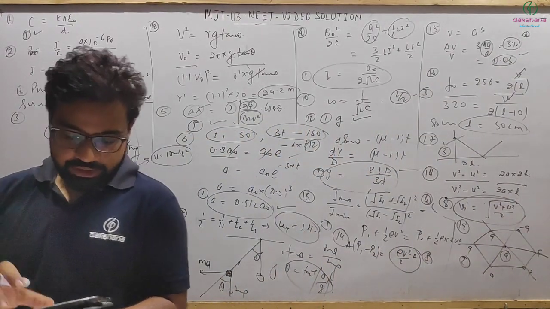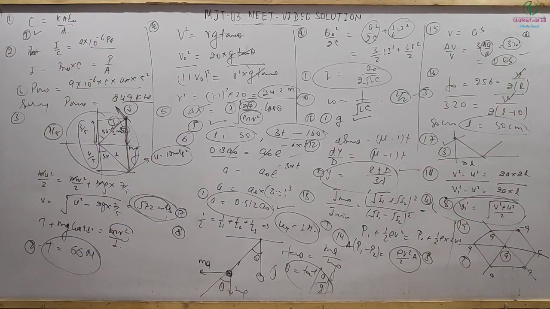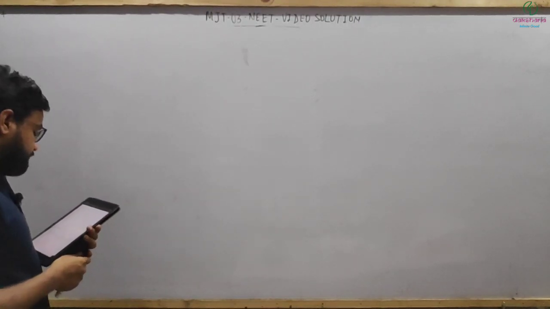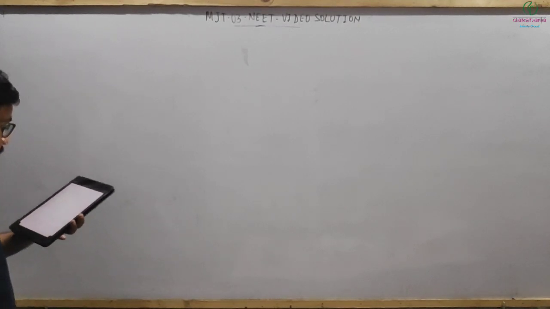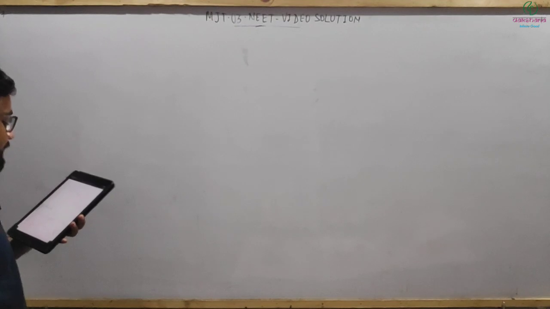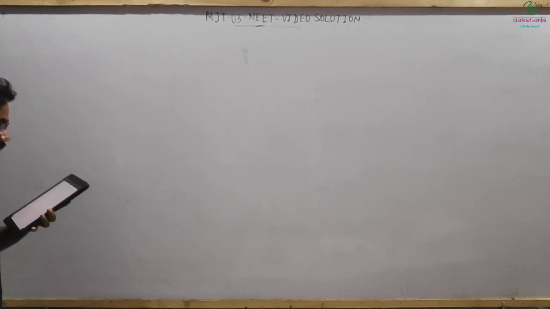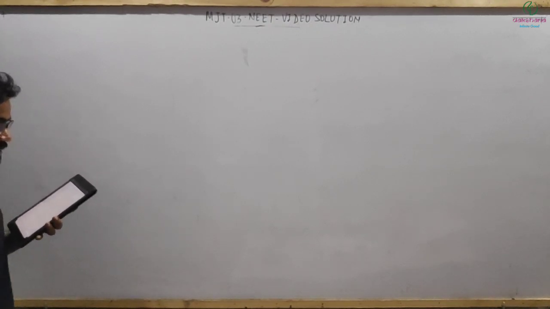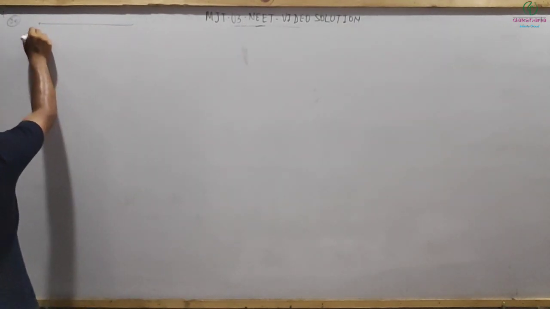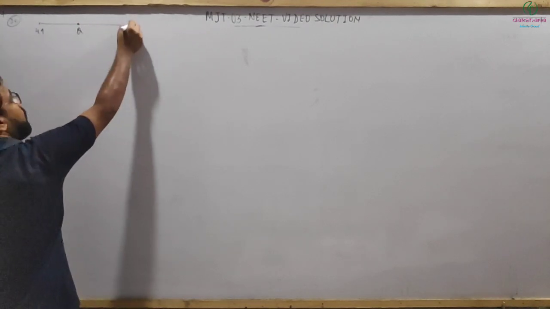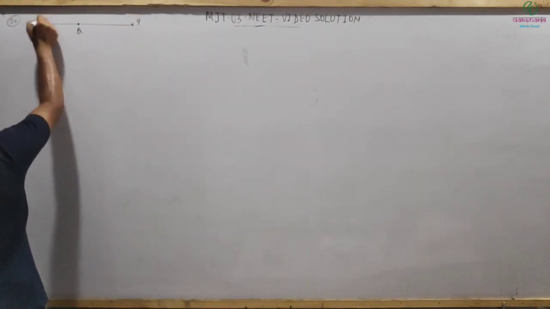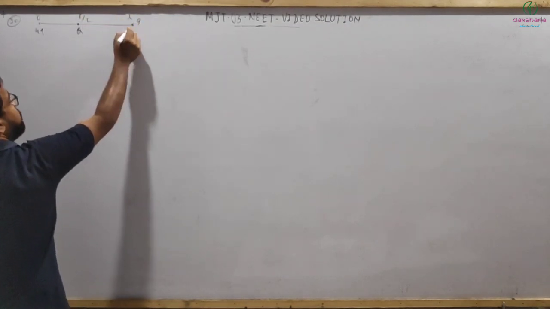Next, question number 20, and before that let me erase the board. Okay, so next question number 20. The three charges plus 4q, q and small q are placed in a straight line of length L at distances 0, L by 2, L respectively. What should be the Q in order to make the net force on small q zero? So your charges are here 4q, this is q, and this is small q, at 0, L by 2, L. The net force here must be 0.